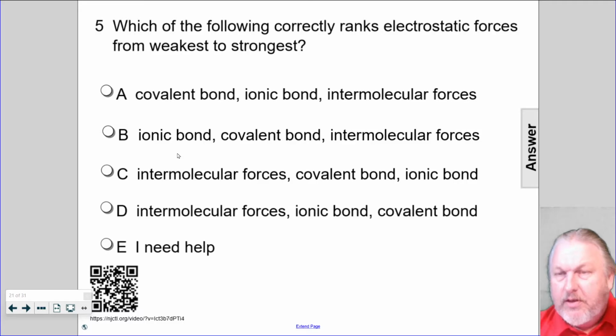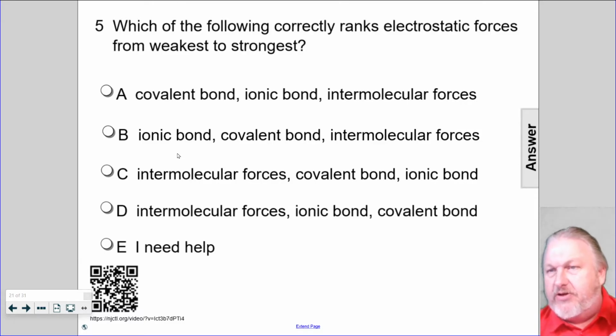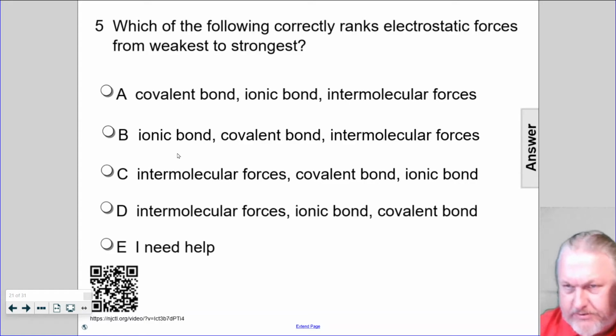Well, the ionic bond is the strongest one because it's a positive-negative, almost magnetic, electrostatic attraction between an anion and a cation. The answer is B. The covalent bond is a little weaker, where they're sharing the electrons, and of course the intermolecular force, which we're going to be learning about over the next couple of weeks, is the weakest. So that would be B.